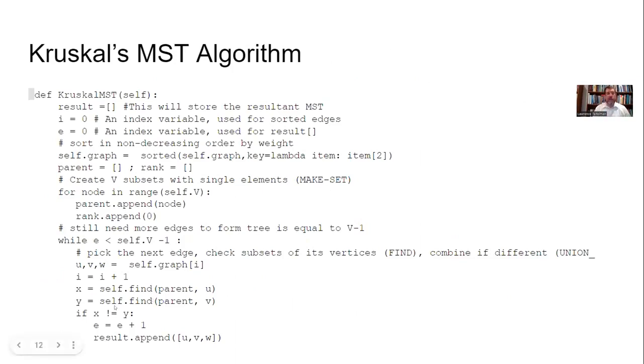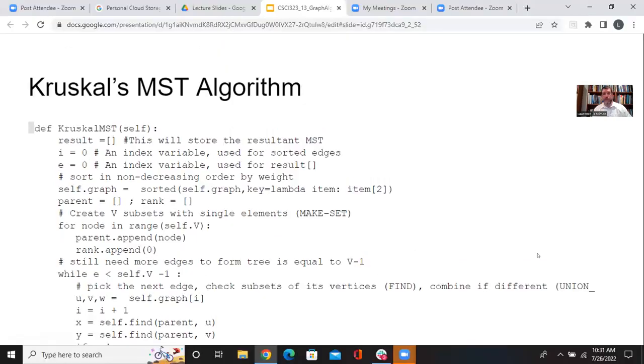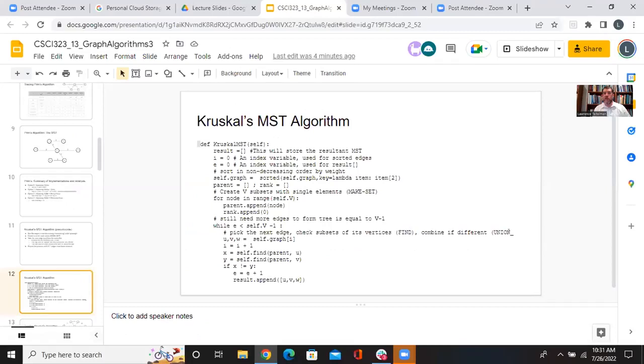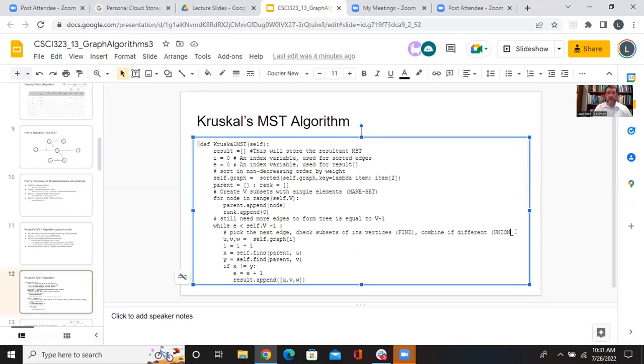And then if they are in different groups, we combine them. So this line here, maybe I'll put that as union. Okay, so everyone see that here? Just change that, call that union. So here's what I'm going to do. Okay, so let's say this.